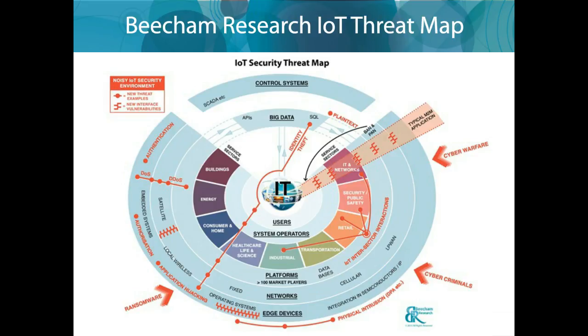Now, looking at a typical M2M application, we have on the right-hand side a sliver there, which goes through IT and networks as a typical M2M application, and the interfaces are the vulnerable points here. So the interfaces are shown with the red jaggedy lines, and each of the points as you go out needs to be made quite secure.